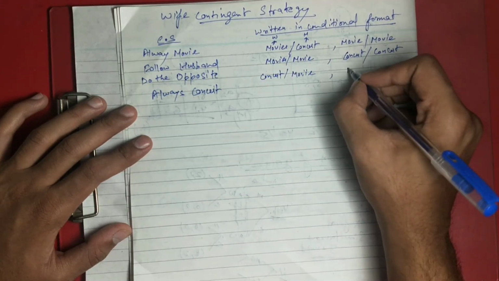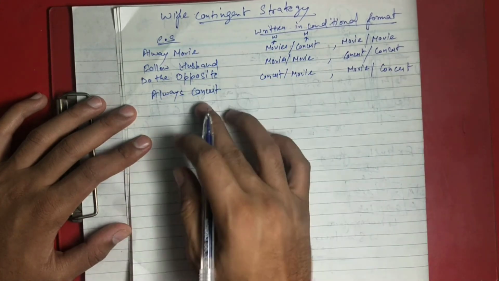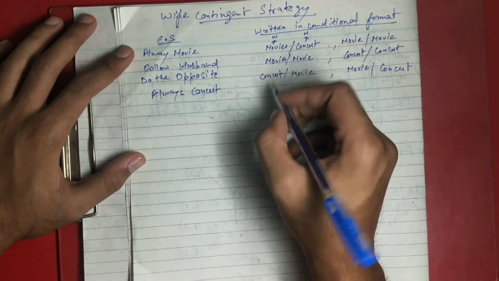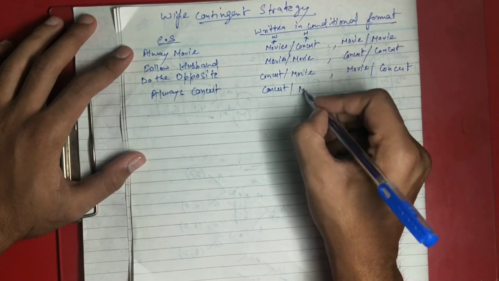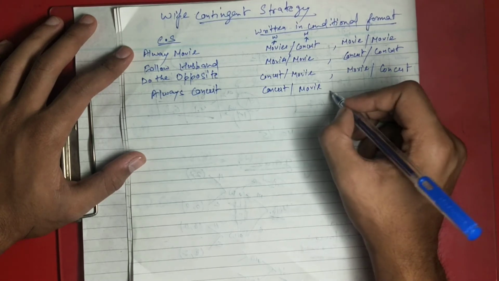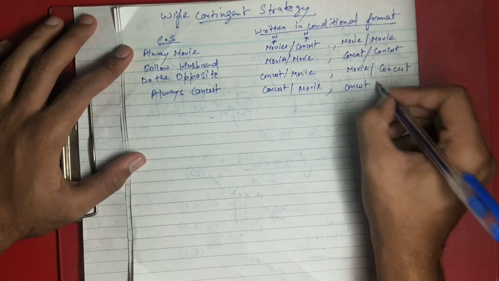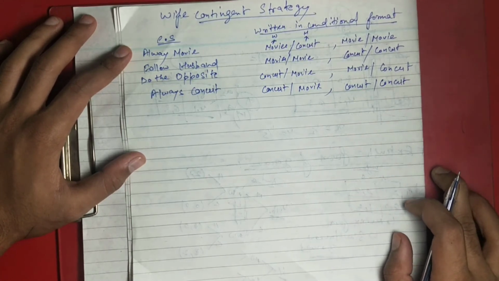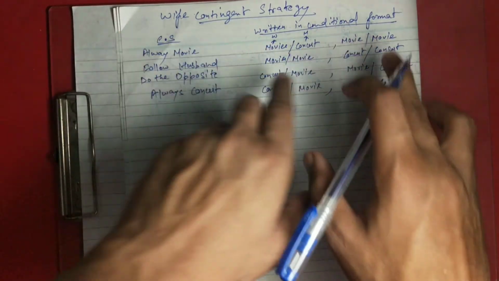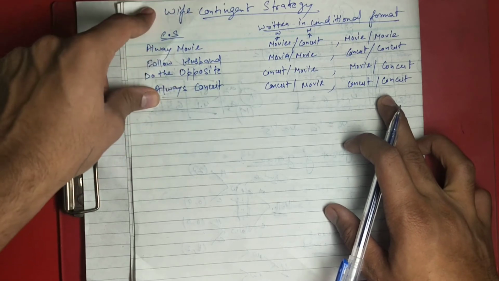Similarly, right here, movie, concert. Now wife always chooses the concert. So husband can choose movie or concert, and in the second we write concert, concert. Okay guys, so this is the conditional form and this is the contingent strategy of wife.